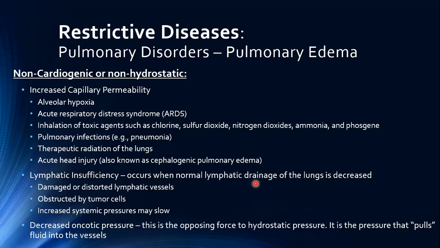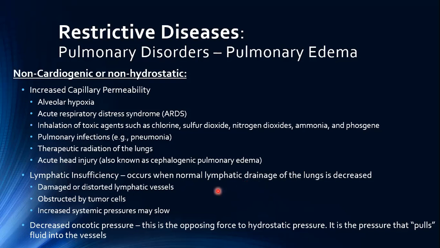And if that fluid stays in the lungs, that's edema, okay? So what causes lymphatic insufficiency? Damaged or distorted lymphatic vessels, if they're obstructed by tumor cells, or increased systemic pressure may slow the lymphatic drainage, okay?